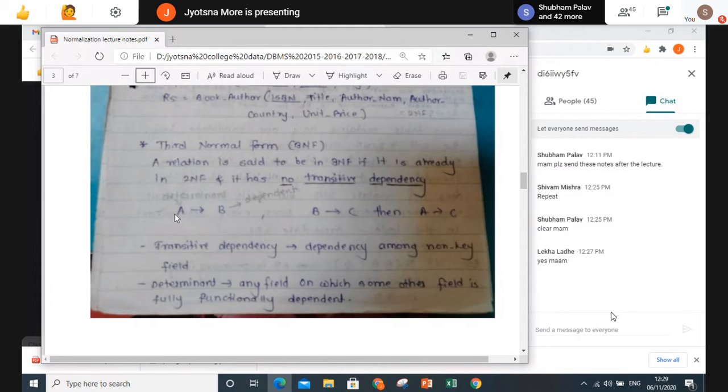Here your A is not a key attribute. Remember that. A as well as B, or whatever you have finally, none of these attributes is a key attribute. This is among the non-key attributes.